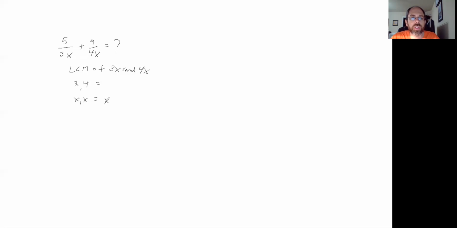Least common multiple is just x. And in the case of the least common multiple of 3 and 4, the answer there is to just take 3 times 4, which is going to be 12. That's the least common multiple of the two right there. So when I have 12 times my x, that tells me that my least common denominator is going to be 12x.